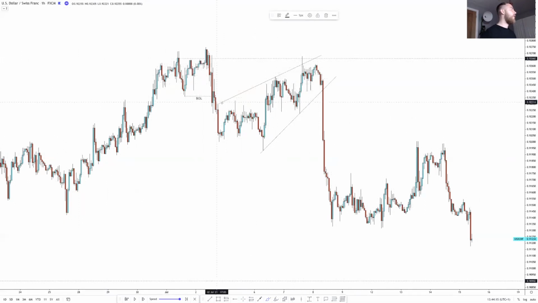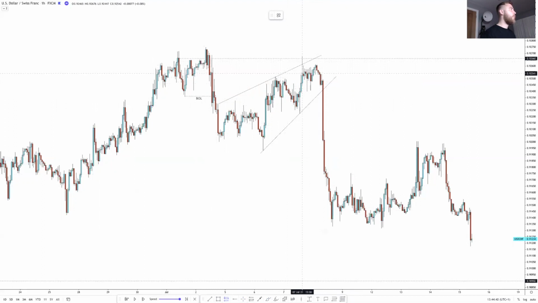We can see we've had that 1, 2, 3, and we've pushed to the downside. Typically, how people will be looking to trade this is they'll be sat waiting for price action in this area, waiting for the right sort of candlestick to suggest that this area is going to be respected. It could be this one here with the big wick, or it could be some of these little ones here.